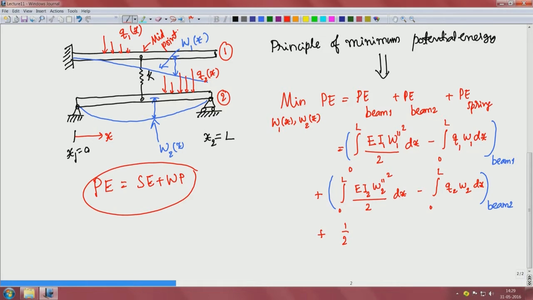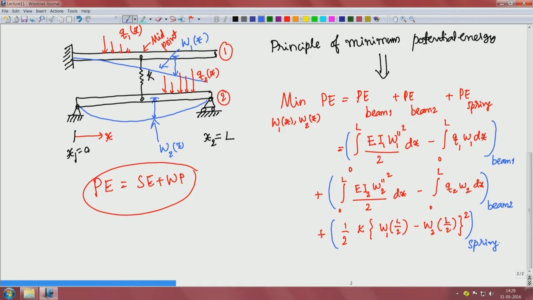So, the extension of the spring, so K times extension of the spring square, so that will be W1 at L by 2, okay, minus, anyway we are going to square, whichever we write does not matter, W2 L by 2 square. Okay. So, there is no work potential for the spring. So, this is for the spring.